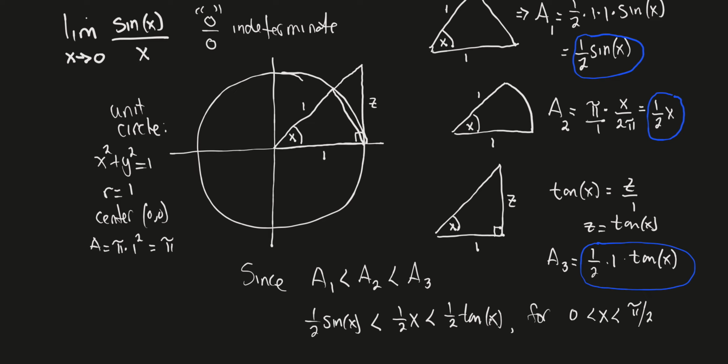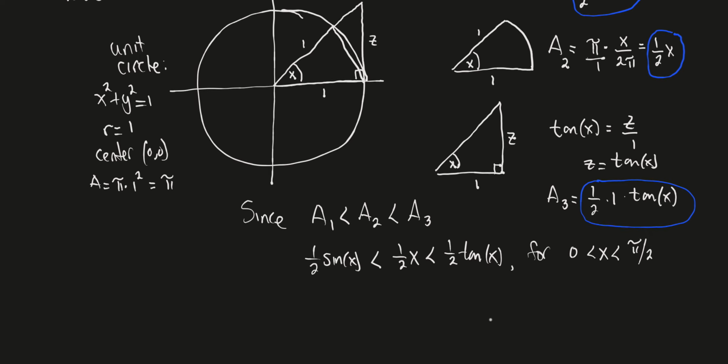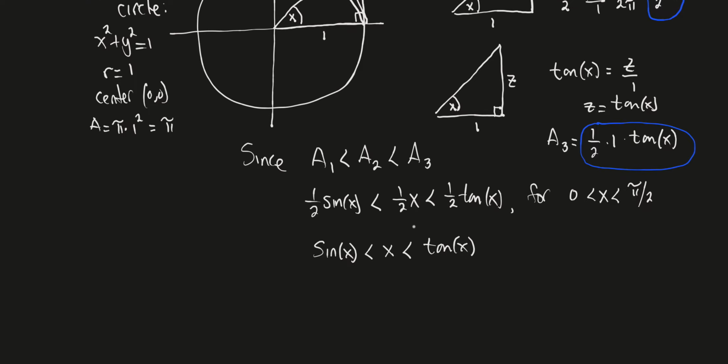Well, they all have a 1/2. So if we divide all three parts of this compound inequality by 1/2, we get the sine of x is less than x, which is in turn less than the tangent of x. Now I have a definition for tangent.